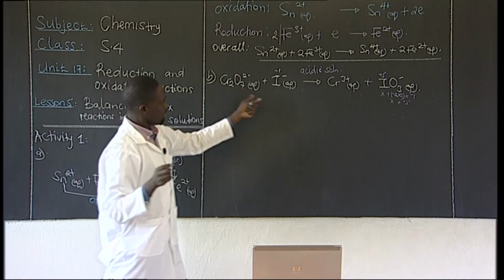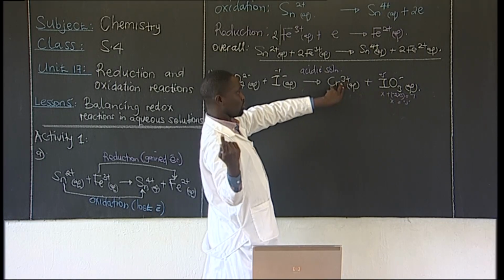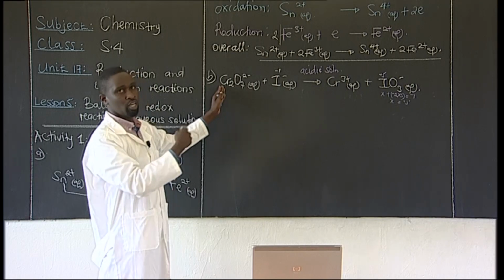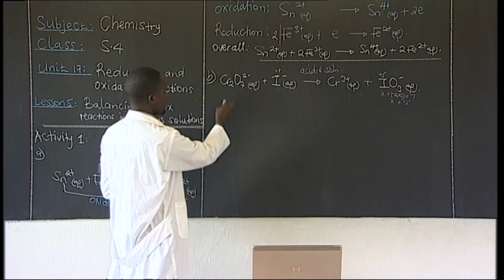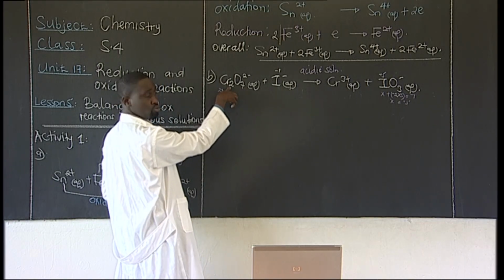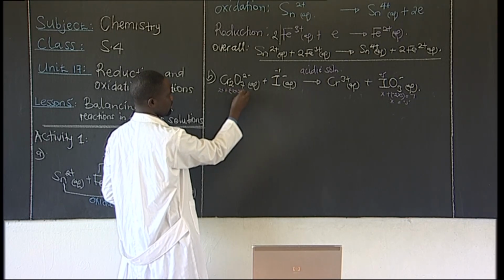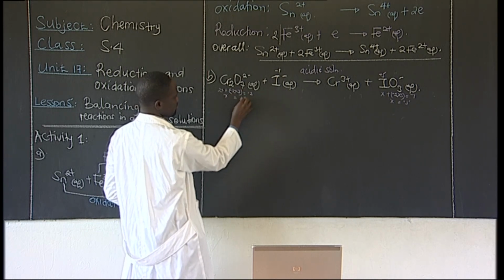Do the same thing. Here you can see it is directly +3. We don't need to calculate. When you calculate here, do the same calculation as we've done here. You'll end up having 2x, x for chromium times 2, plus -2 times 7, giving us -2. So you'll end up having x as +6.